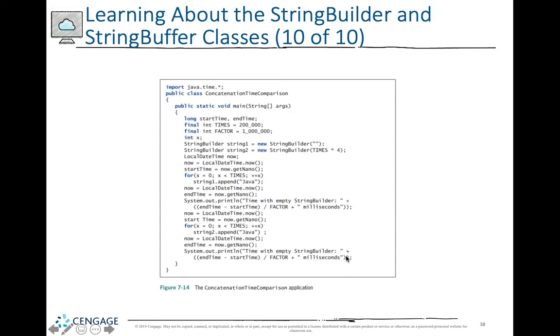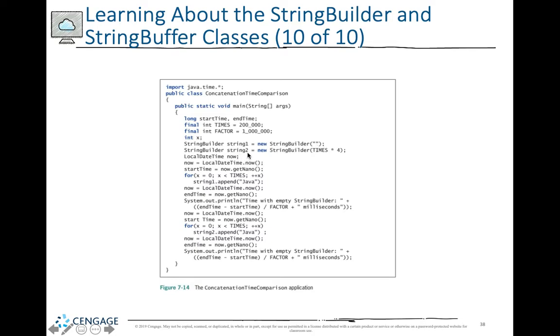In this example here, it's hard to see on my screen. It's very tiny. We have the string builder class initializing an object called string, and we see that we're passing in an empty string.